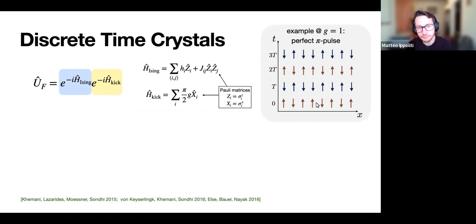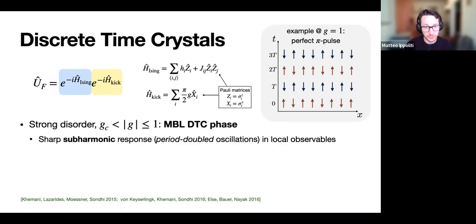Okay. So at this stage, this is a completely expected behavior that we've engineered by fine-tuning the coupling. So there's nothing particularly interesting about it. But the really striking phenomenon arises when we introduce strong disorder in these couplings.